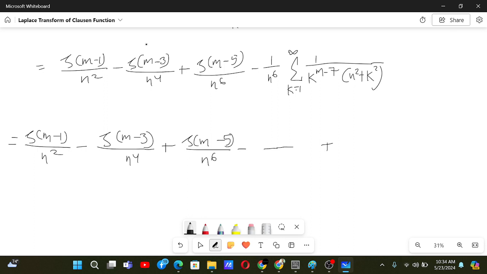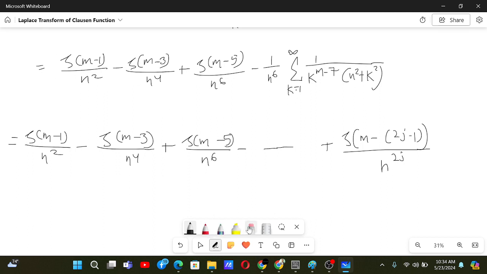In the first term we have 1, second term we have 3, third term we have 5. So it's just 2j minus 1, that is m minus 2j minus 1. Over here it's twice the term number, so n to the power 2j.